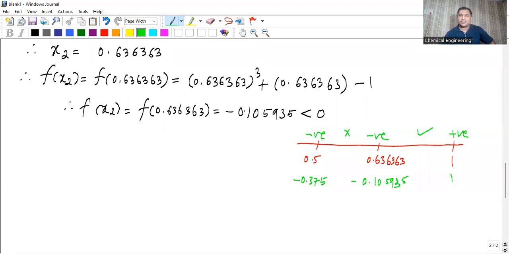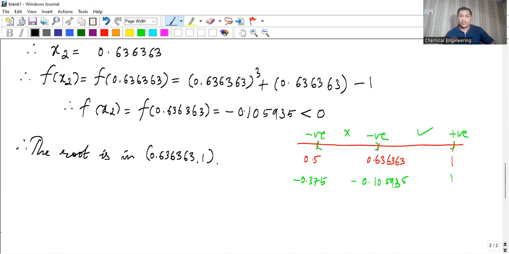So this interval will be rejected, as both are negative and this is closer to 0. This interval will be selected, and hence we can say the root is in 0.636363 to 1.